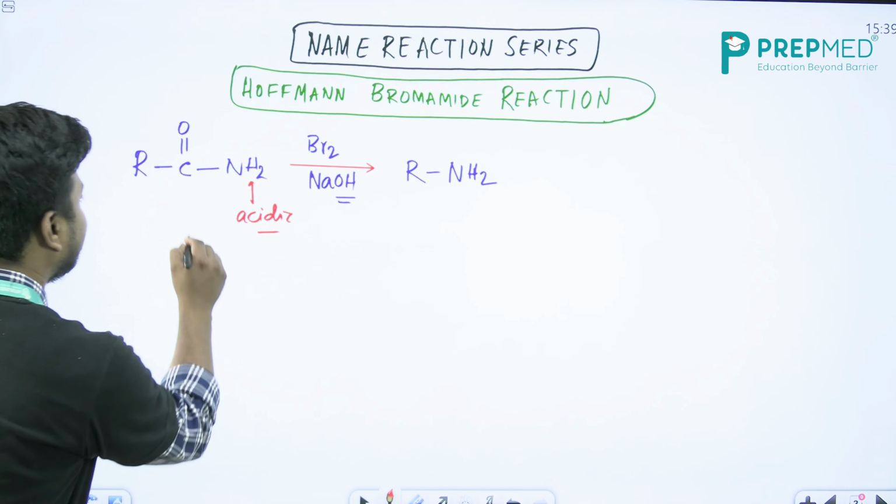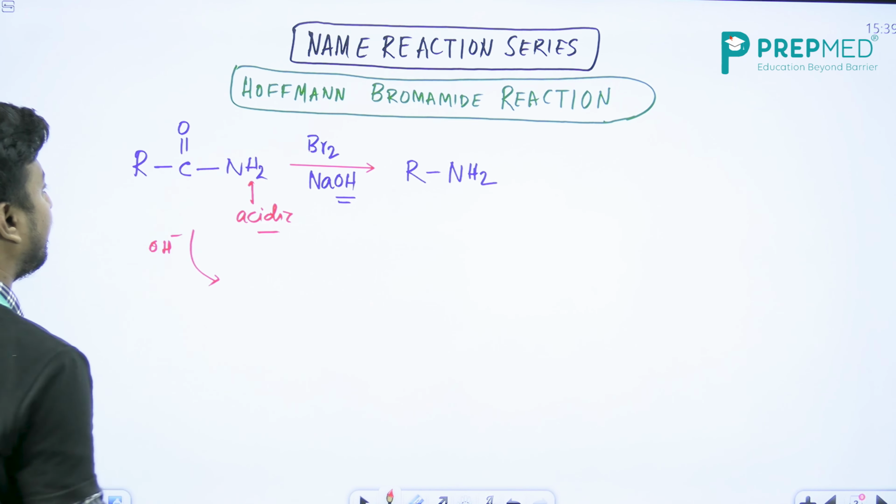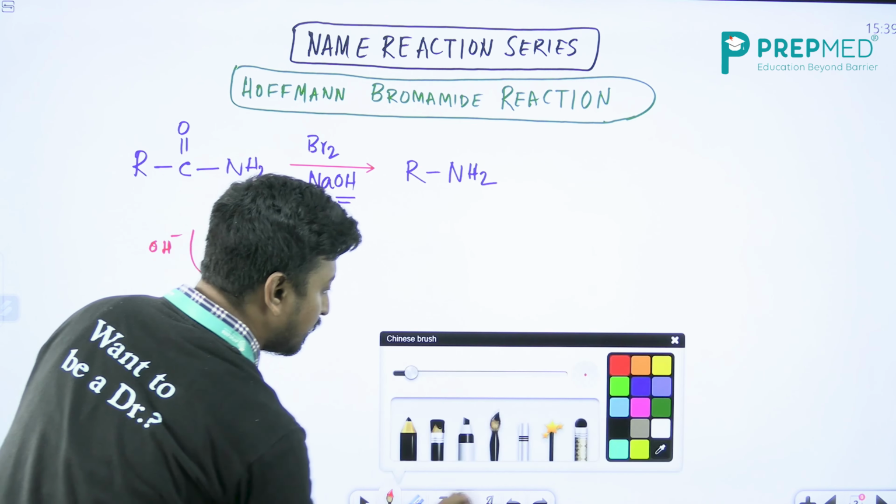So if this is acidic, when they give sodium hydroxide, that is alkaline medium, what is the next product?